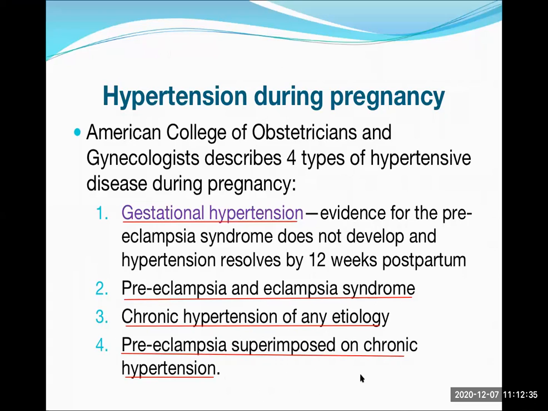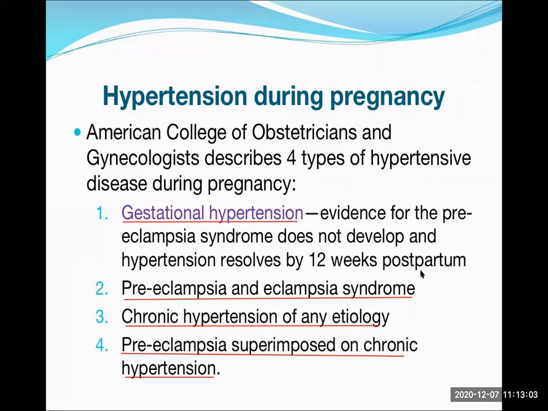This whole class is about these different types, but let me clarify right now so that you have a very clear vision as we move further. Gestational is a term for pregnancy, so this is hypertension during pregnancy, where the pre-eclampsia syndrome doesn't develop and the hypertension resolves by 12 weeks postpartum.